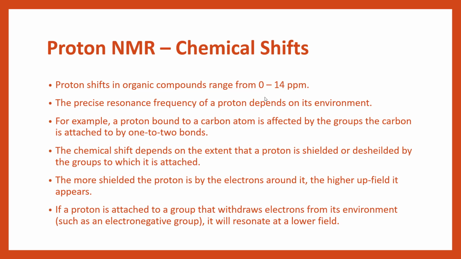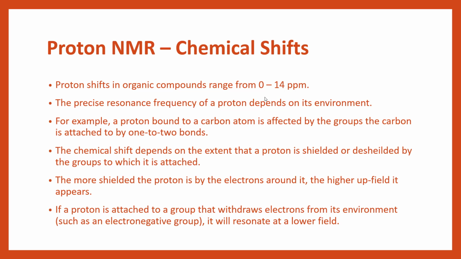So when we're talking about a proton spectrum, we are talking about our chemical shifts. So typically we've said in organic compounds, we're looking between 0 to 14 parts per million. The precise resonance frequency, or the parts per million, so again on your x-axis, of a proton depends on its chemical environment, what is surrounding it, what kind of groups are surrounding it.